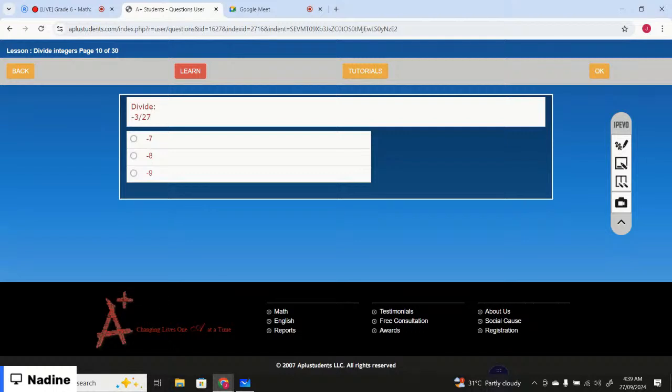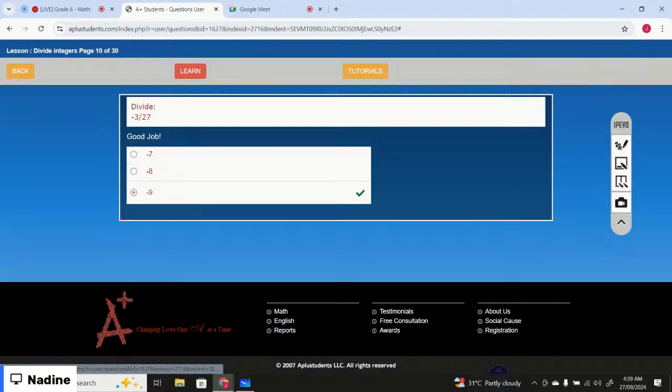27 divided by negative 3. Negative 3 times negative 9 is 27. The correct option is negative 9.